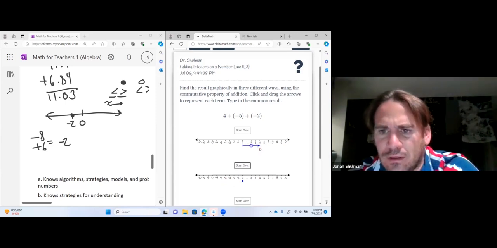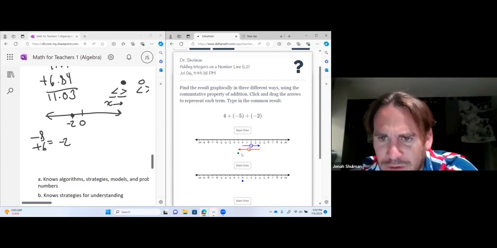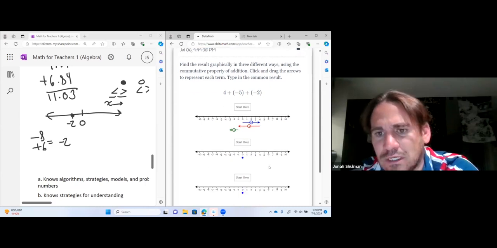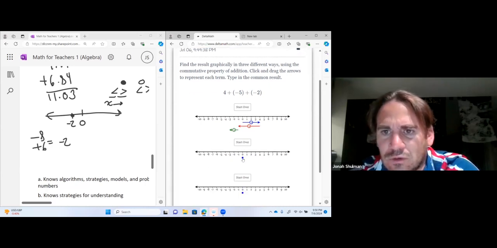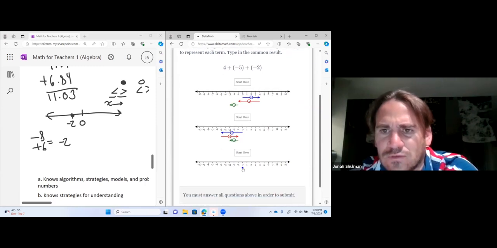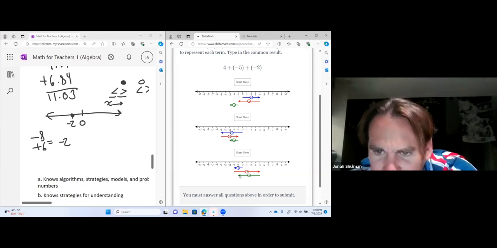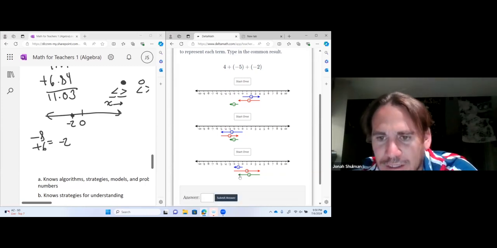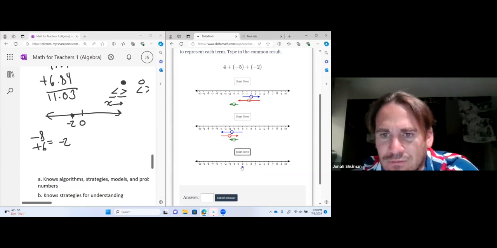So add 4, subtract 5, subtract 2. Every answer is going to be -3. So now we're going to do what? We're going to subtract 5, add 4, and subtract 2. Showing all the different ways I think is useful. Then we're going to subtract 2, add 4, and subtract 5. Oh, subtract 5. How come I only got -1? Subtract 2. Oh, because I added there. Sorry. So subtract 2 first.